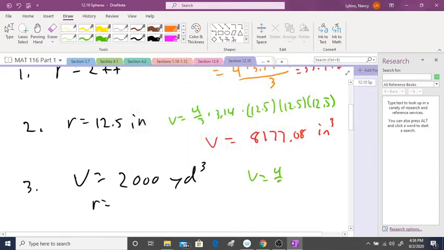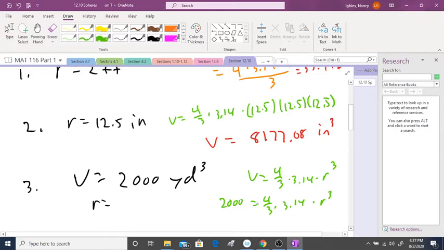Volume equals 4/3 times 3.14 times radius cubed. So this is 2,000 equals 4/3 times 3.14 times r to the third.